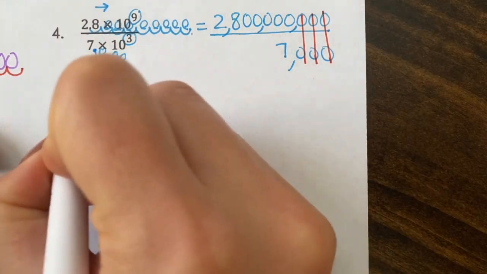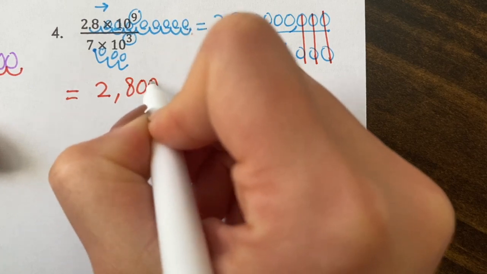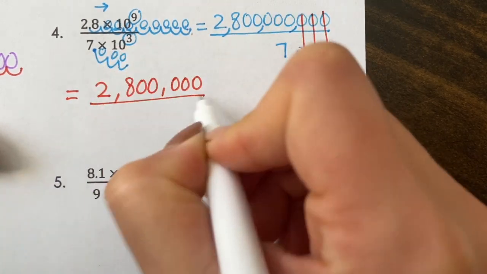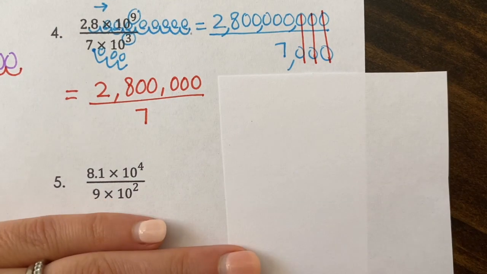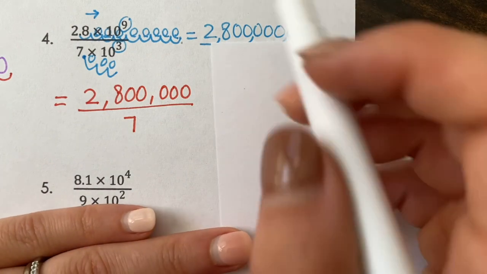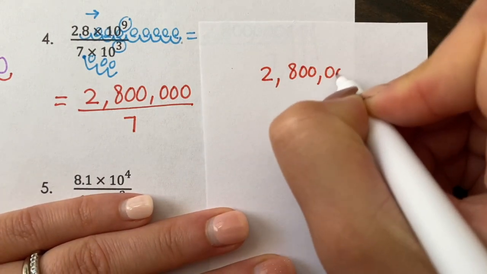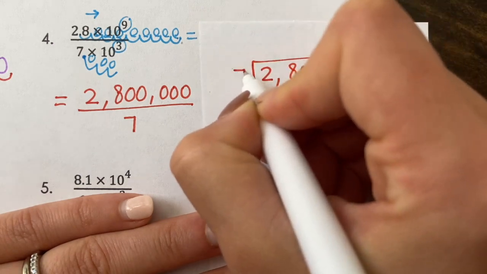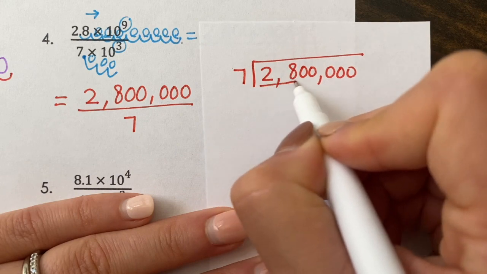So now our new problem is 2,800,000 divided by 7. And we can do that with long division. All right, so 2,800,000 divided by 7. 7 can't go into 2, but 7 can go into 28.